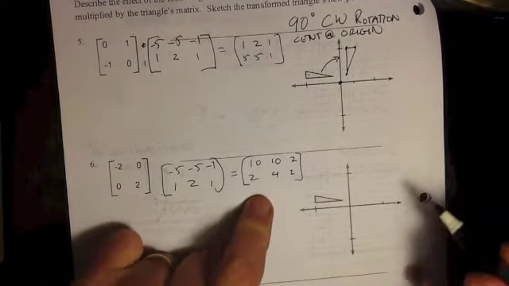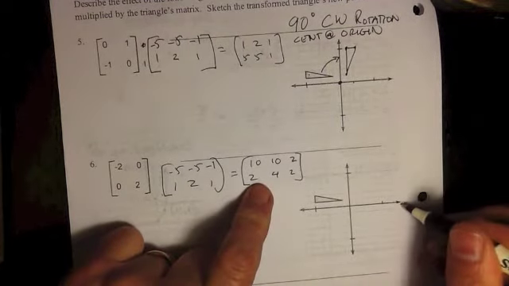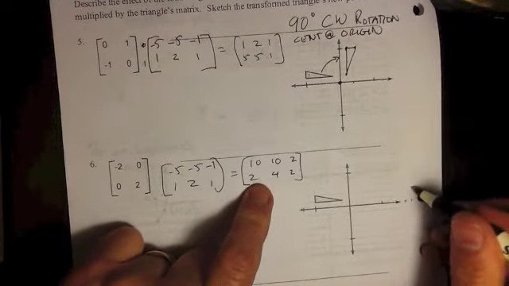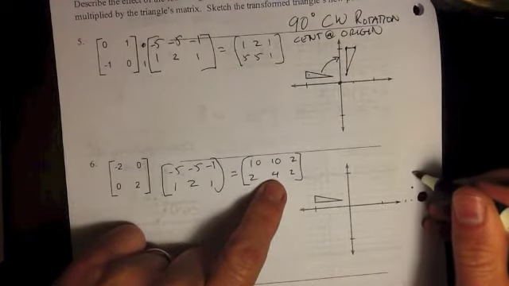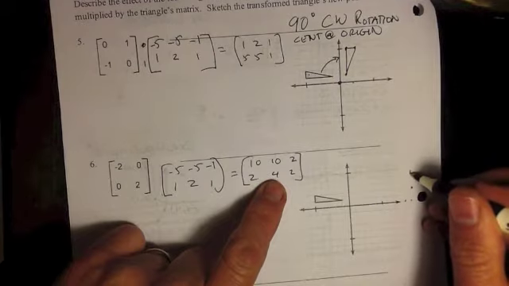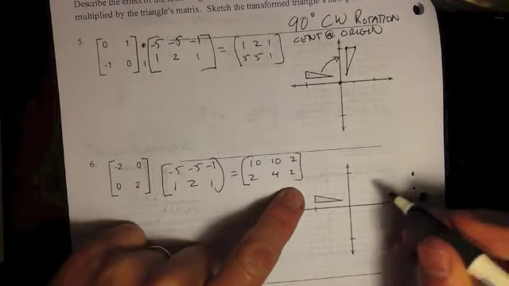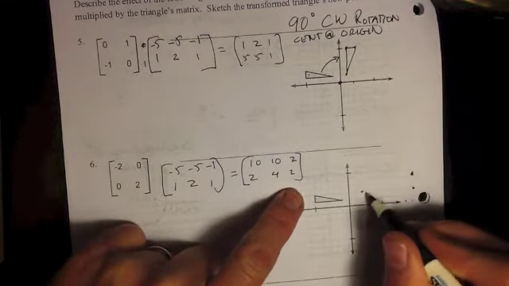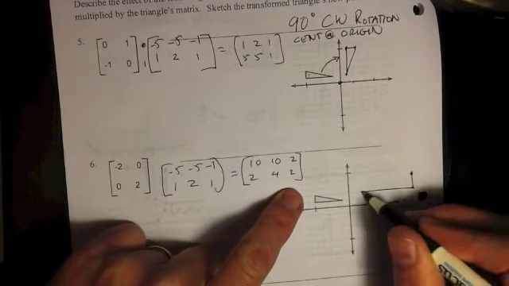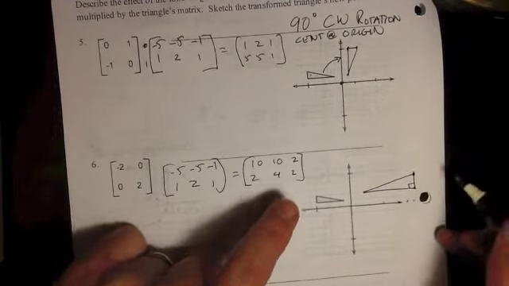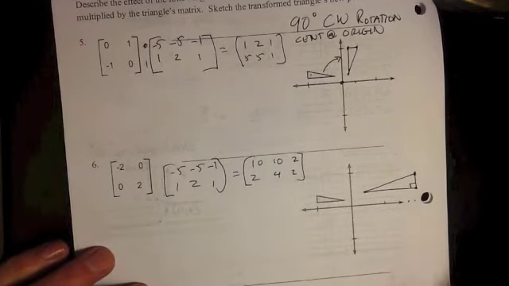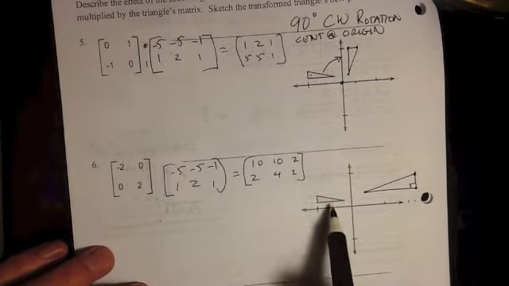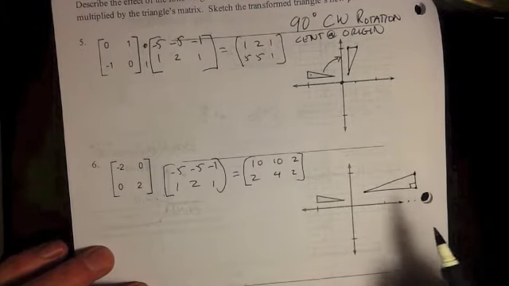If I graph that, if I go over 10, 3, 4, 5, and up 2, over 10 and up 4, right there, and then over 2 and up 2, you'll see that it's gotten twice as big, but it's also flipped it over the x-axis. So it's like it expanded it away from the origin and then flipped it over.